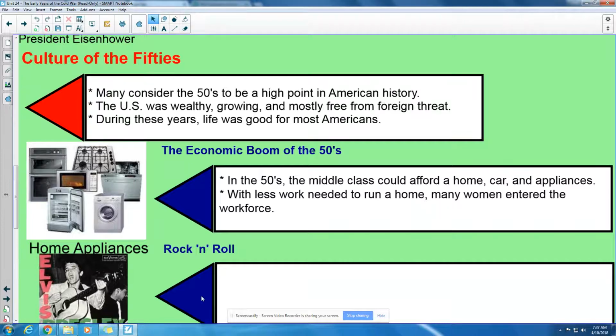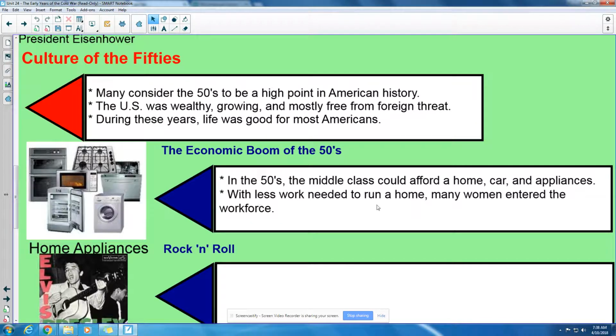Before this, it was ice boxes and wood-fired or coal-fired stoves. These were things that used to be luxuries and were now becoming more affordable for the middle class.